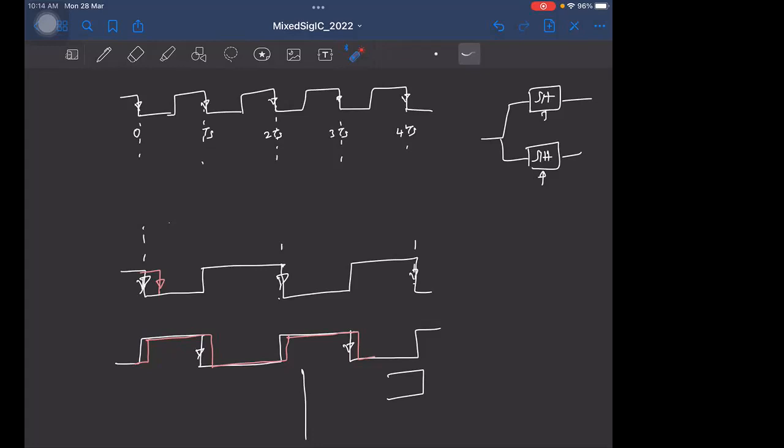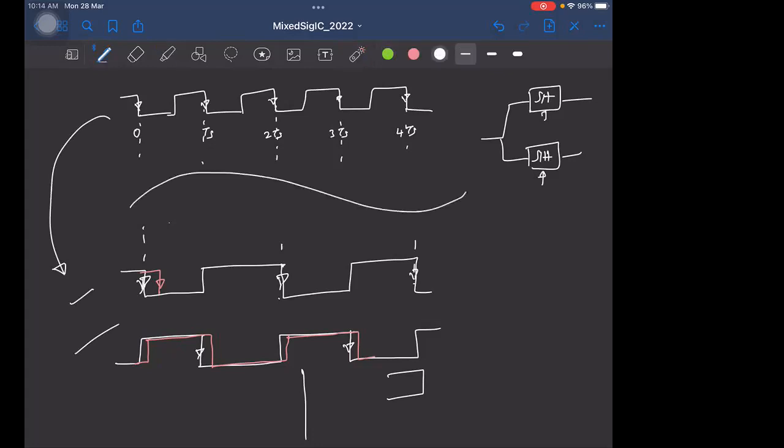So even though you interleave the sample and holds, the process of generating these two clocks from this main clock can potentially introduce this timing skew. If the continuous time signal is doing something like this, so let us say when you try to generate the clocks from the main clock, it turns out that you generate it like this, say with some error.